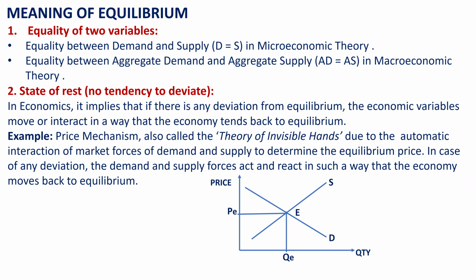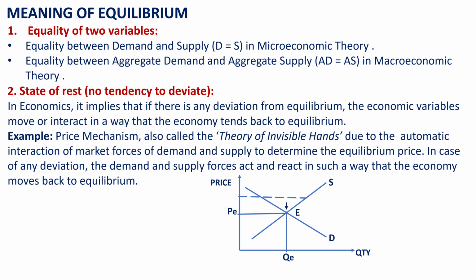Now, once the price is determined at the equilibrium point, and if there is any deviation, say for example, the price rises above the equilibrium price, then excess supply will bring it back to equilibrium.